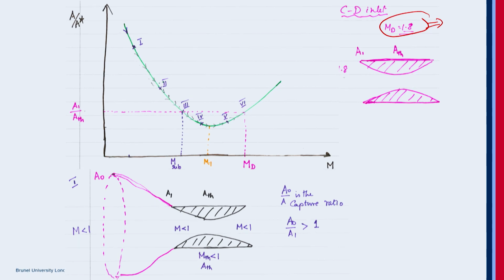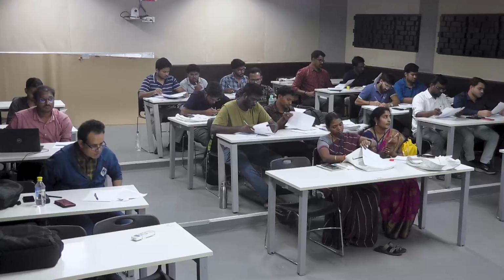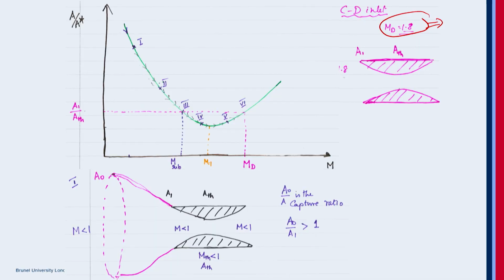You can see that there is A by A star at 1.8, which is 1.439, something like that. I'm just giving a numerical example here. So that is the A1 by A throat, 1.4, something like that, 439, yeah.